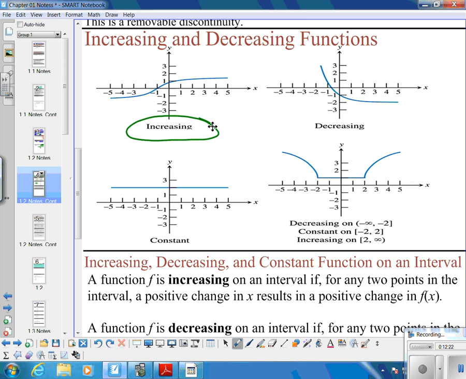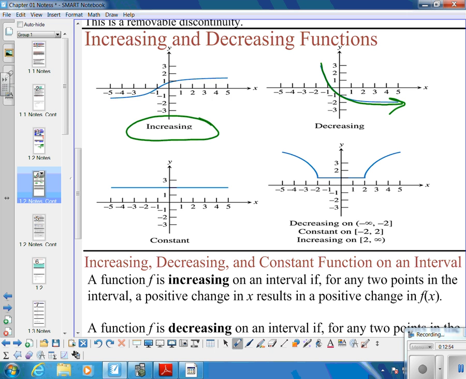Basically, you're always going from left to right. And if as you go from left to right, you are constantly getting higher or going up farther, or the y value as you go to the right increases, the graph is increasing. In the upper right, as you go from left to right, if you're decreasing in the y values, your graph is decreasing.